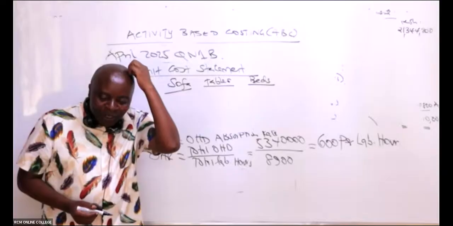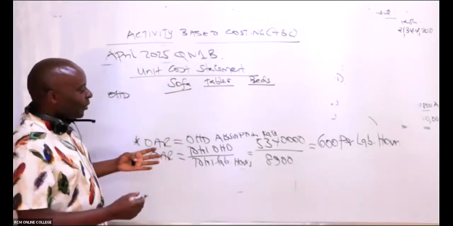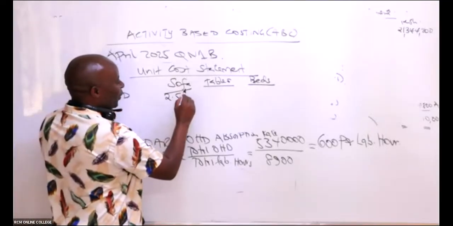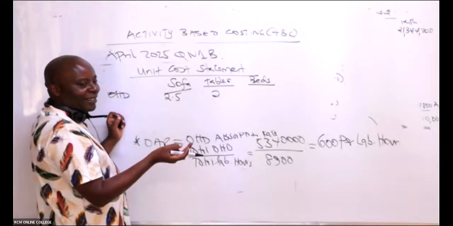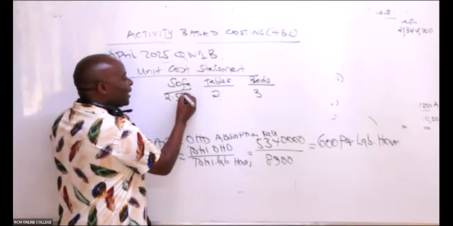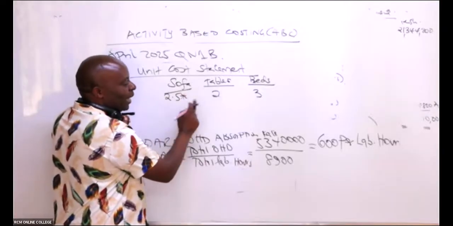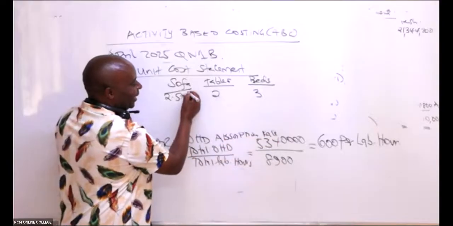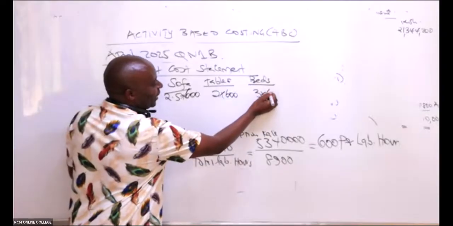It's given there: 2.5. Tables, you told me we need 2 hours to make one table. And beds, how many? 3 hours. How much in overhead will it cost us per hour? Yeah, 600.